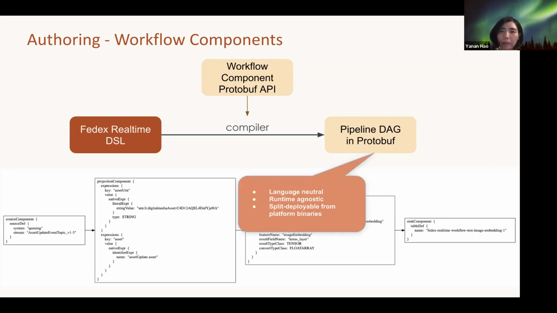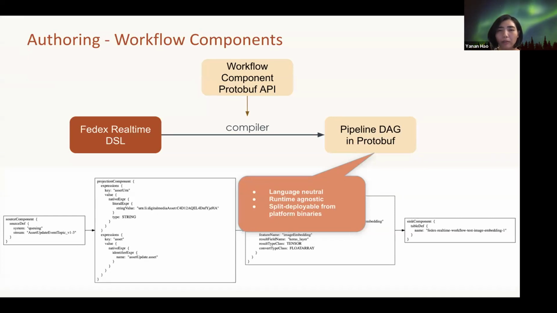With the protobuf API, we can have the user pipeline represented in protobuf so that it can stay language neutral and runtime agnostic, which means we can switch the implementation of workflow components from Java to Python, or switch the runtime engine from Samza to Flink without affecting the user.